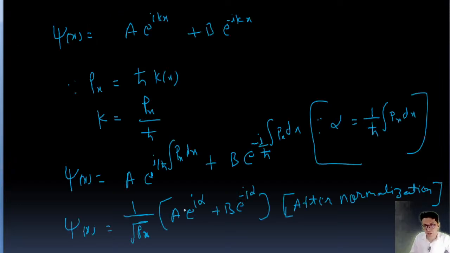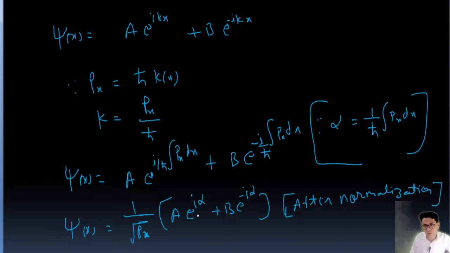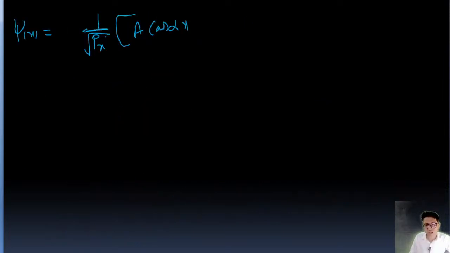We will open it. e to the power iota alpha is equal to cos alpha plus iota sin alpha, so a cos alpha x plus iota sin alpha x.